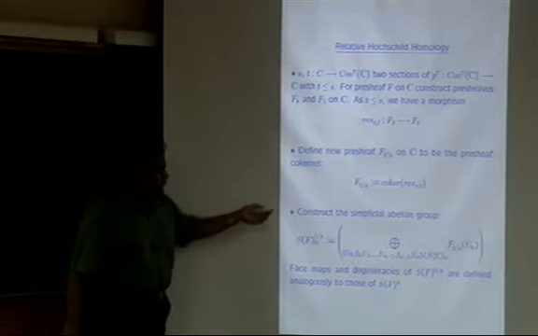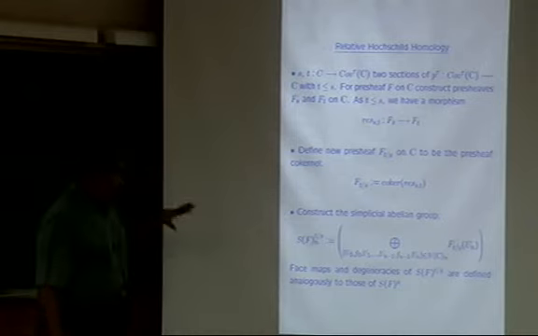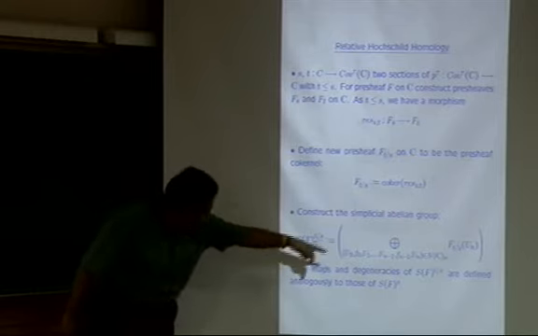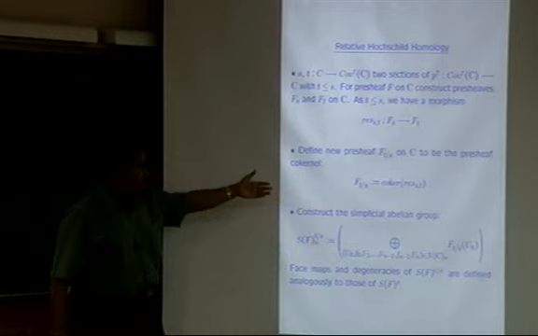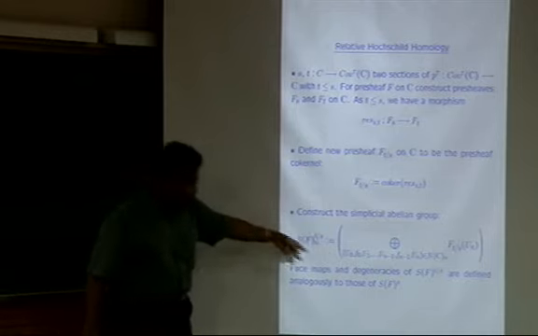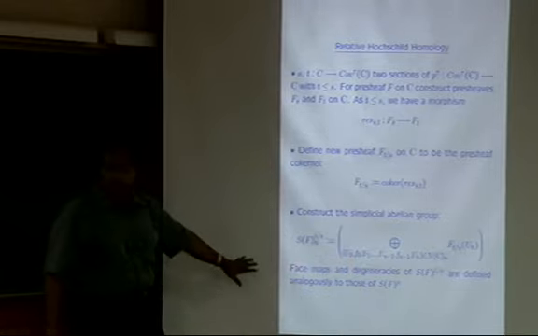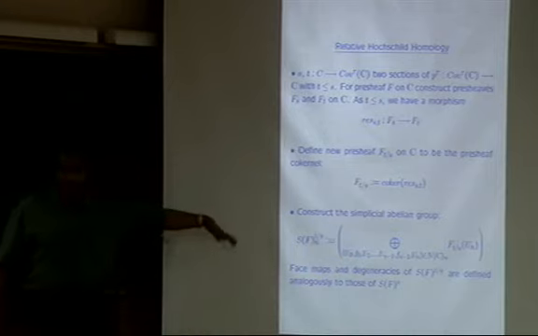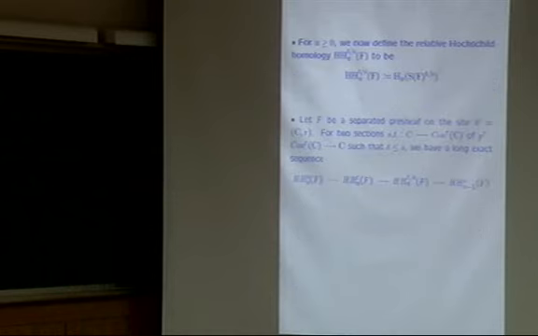Now, by just taking the co-kernel, I can define a new pre-sheaf, Ft over S, and then I can construct another simplicial Abelian group which does exactly the same thing. So the thing I know is that Ft over S is a pre-sheaf on C, so I can apply to it the exact same construction. I can define the same face maps and degeneracies, which are defined in the analogous way. So I can define this object S F T over S. Now we can define the relative Hochschild homology again as this.